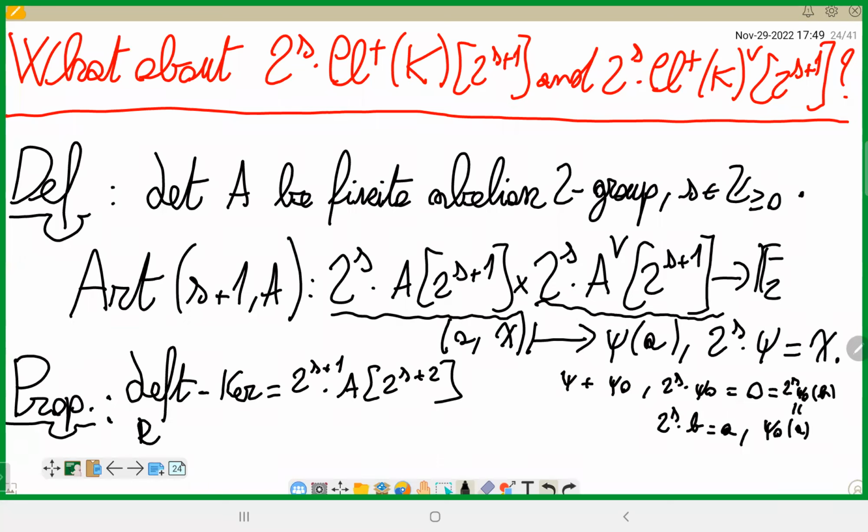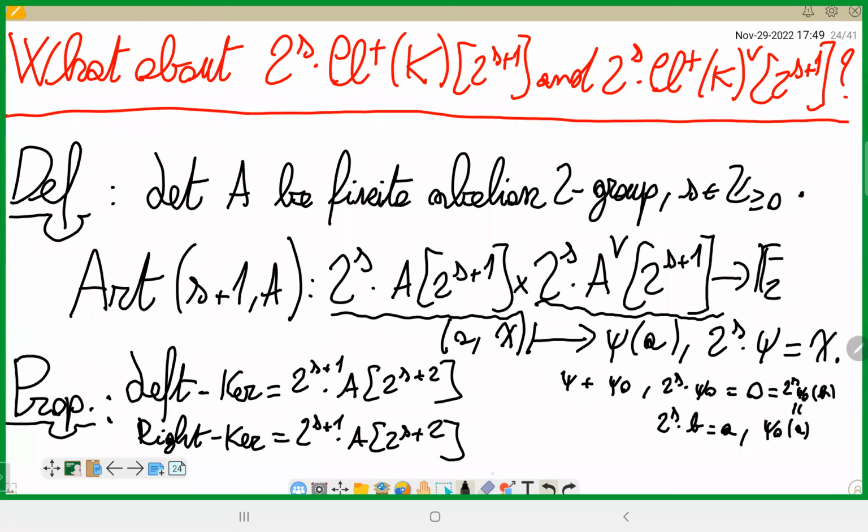The right kernel is 2 to the s plus 1 times a 2 to the s plus 2. And that's also a fairly elementary thing to check. One direction is kind of obvious. If you're divisible by 2 to the s plus 1, you kill every psi, and for the converse, you have to make a little argument.